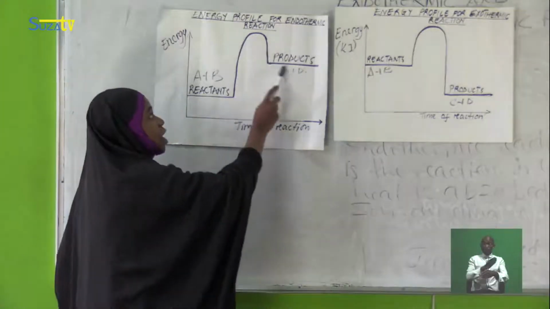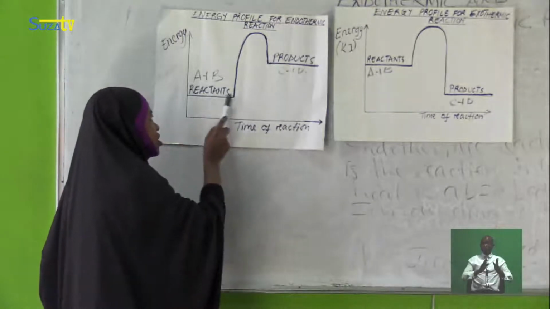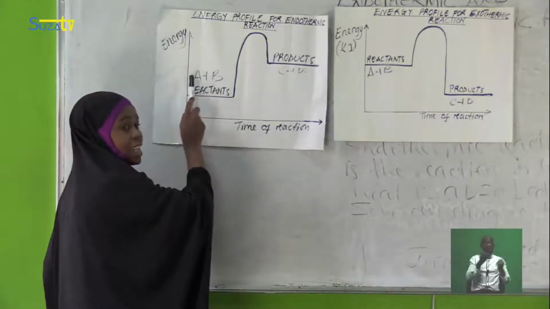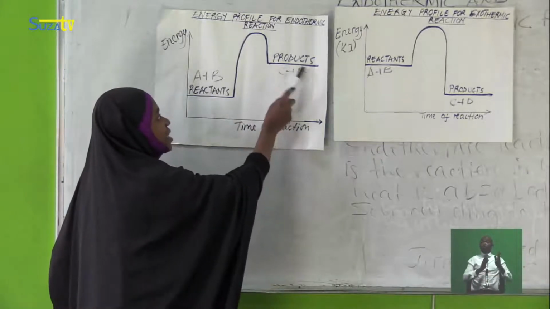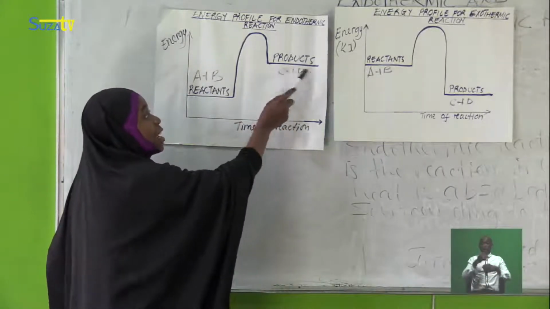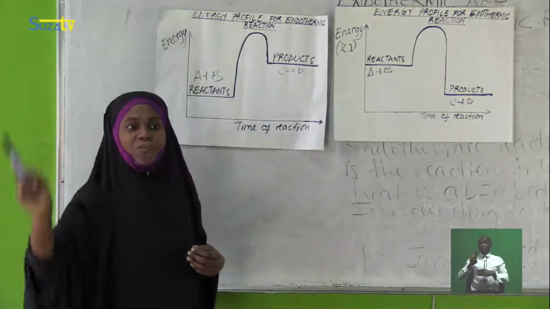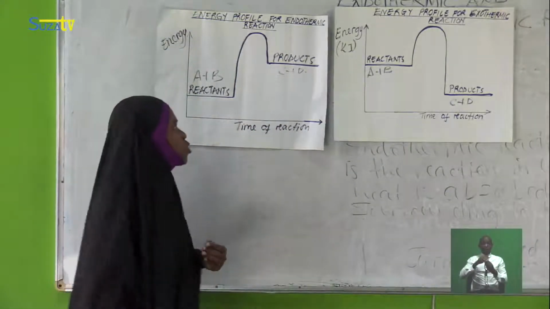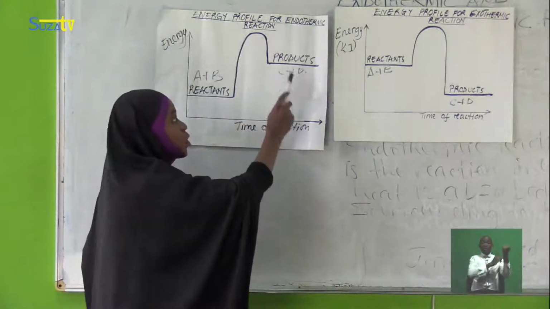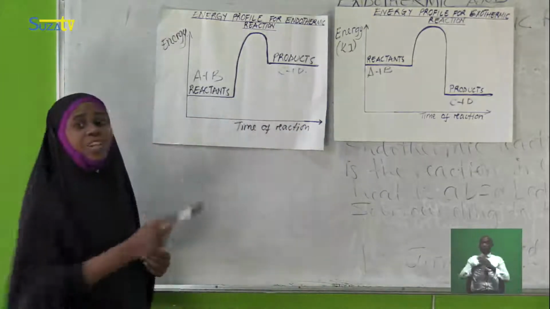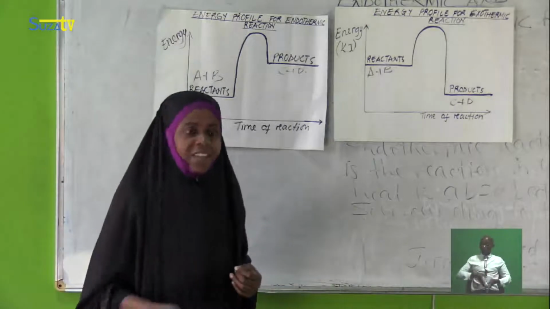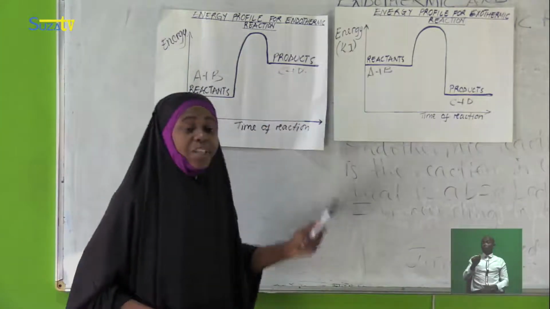But after forming the product, this energy, which is within A and B, is attained by product C and D, plus the energy from the surrounding. That's why here we have much more energy on the product side compared to the reactant side. And this is what we call an endothermic reaction.